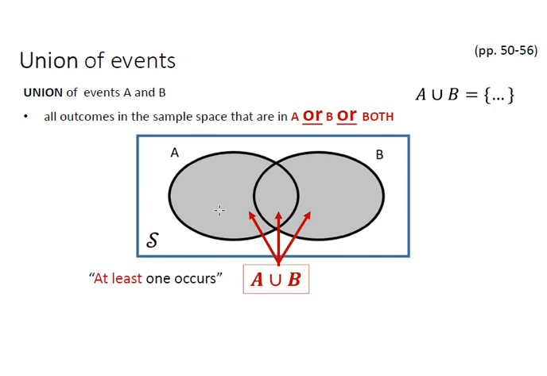Please note that if one element of A union B is observed, it means at least one of A or B has happened.